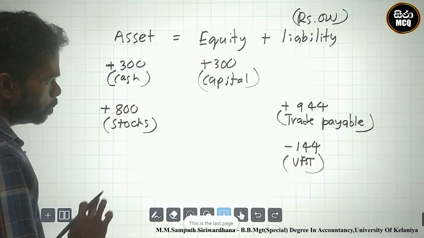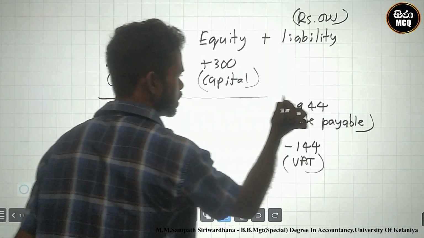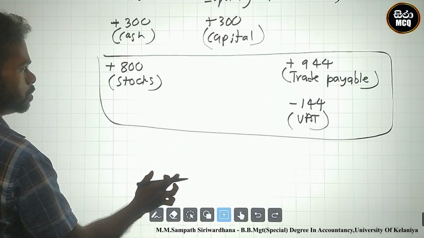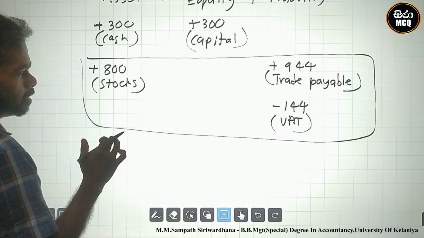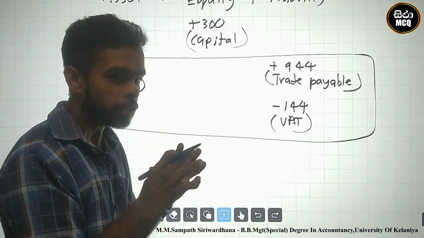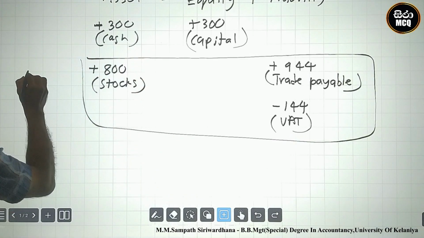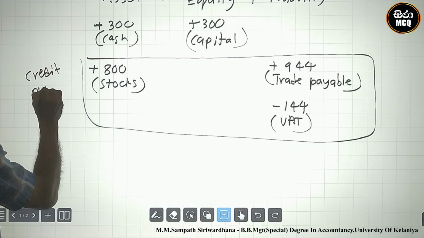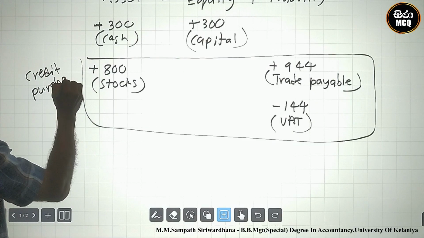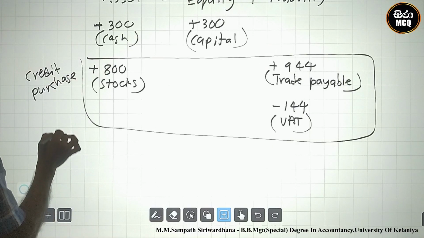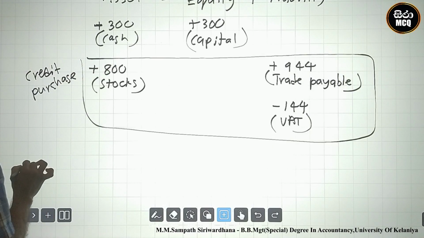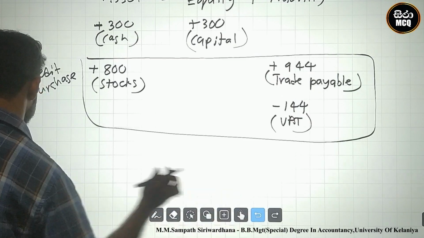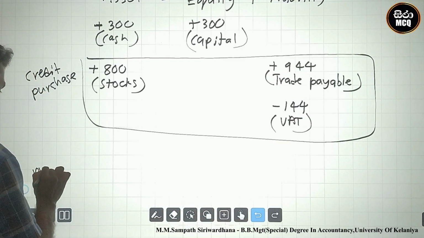At the purchase return, we must identify the opposite side of the purchasing. This is the credit purchasing. The second is purchase return.